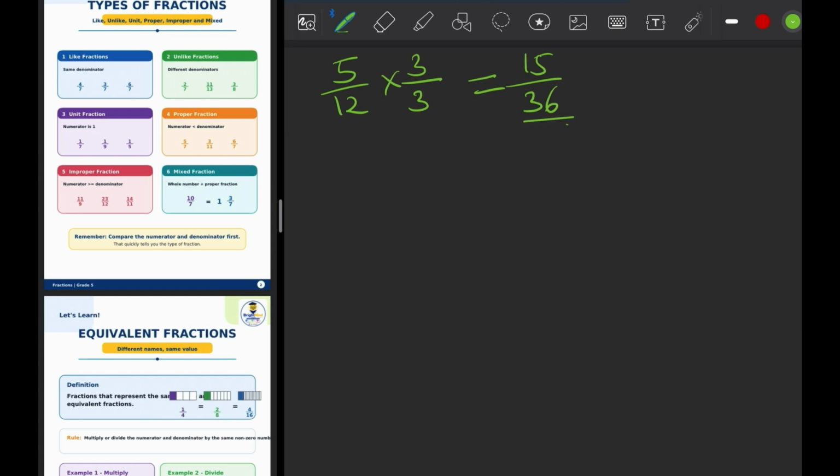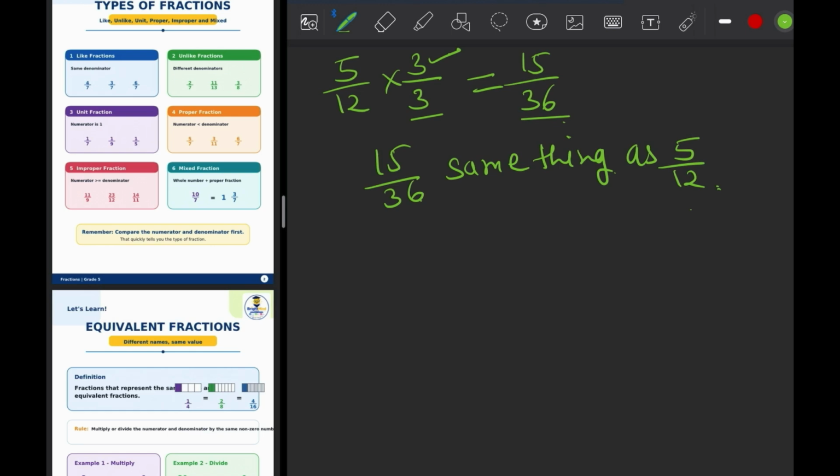So if we multiply the denominator by 3, we also have to multiply the numerator by 3. So we get 15/36, the same thing as 5/12. Okay, so that's all in our examples.